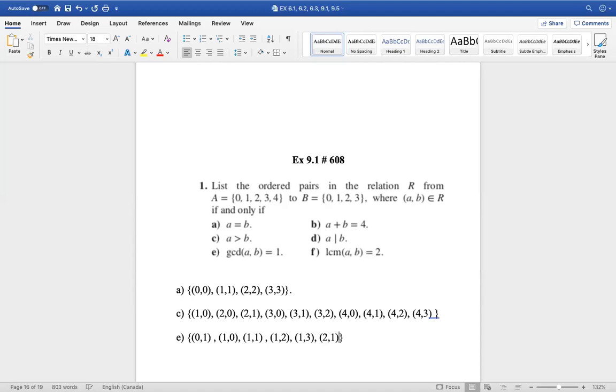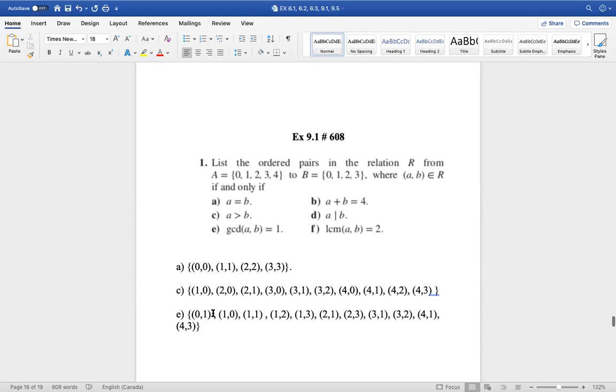After that (2, 1), (2, 3), (3, 1), (3, 2), (4, 1), (4, 3). Okay, so (0, 1), (1, 0), (1, 1), (1, 2), (1, 3), (2, 1), (2, 3), (3, 1), (3, 2), (4, 1), and (4, 3).